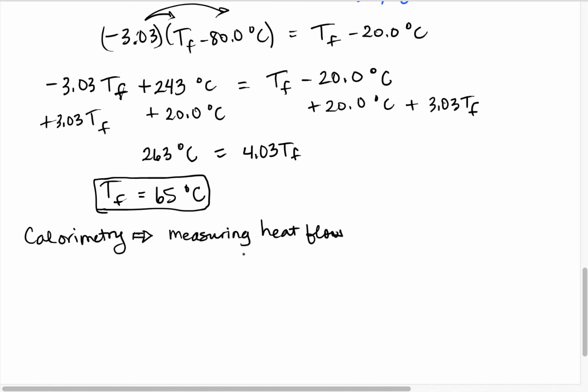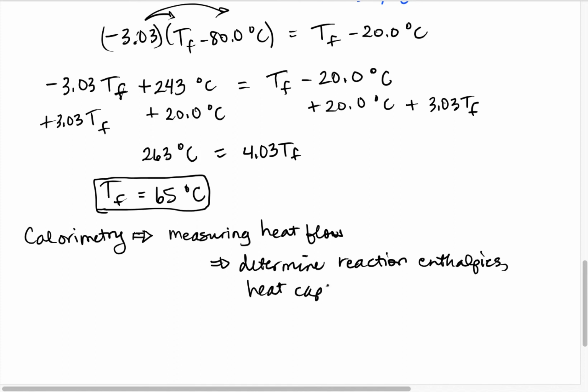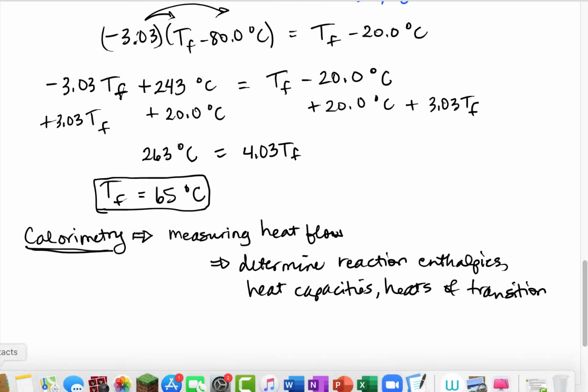And we also can use this to determine reaction enthalpies, heat capacities, and heats of phase change, of transition. So any of those enthalpies that we're talking about, if you actually want to measure them, you're probably going to be doing calorimetry.